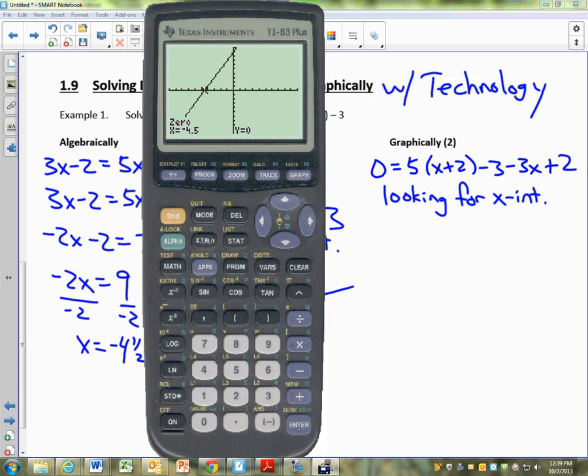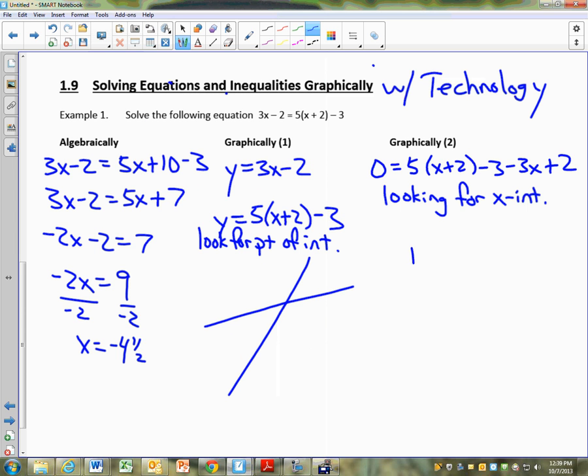What do you think of that? Question. Awesome. 1e negative 12. Anybody know what that means?